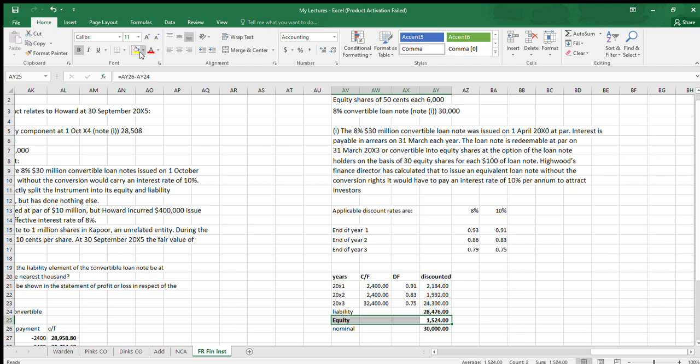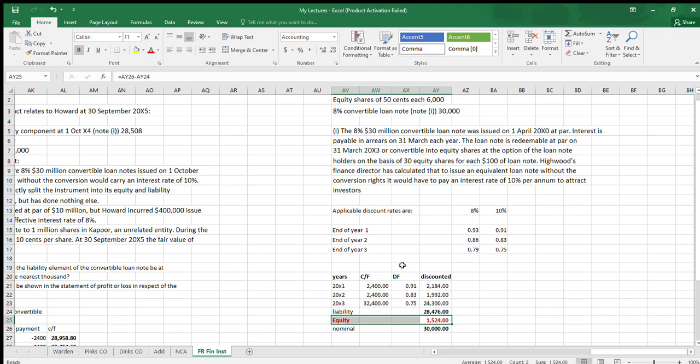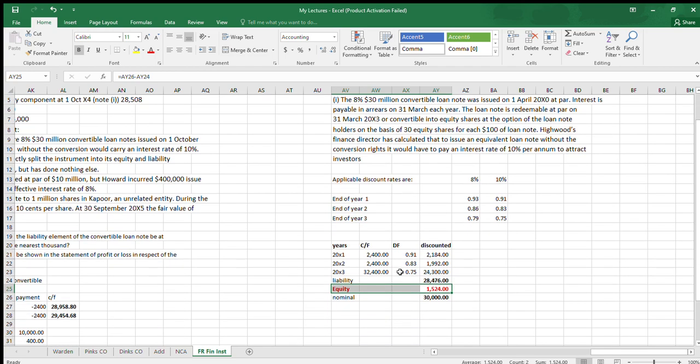That's your equity. That's all. Now, what you need to do is that the equity component will remain unremeasured on the statement of financial position. So the debt component is only carried at amortized cost. The equity, you do nothing about it. The equity of 1524, you do nothing about it.